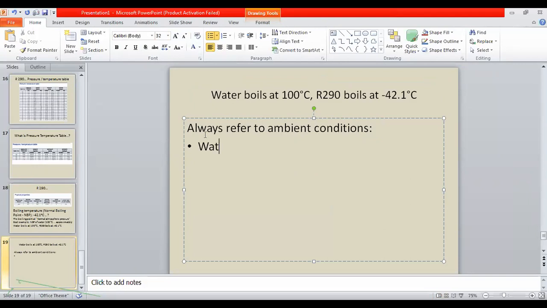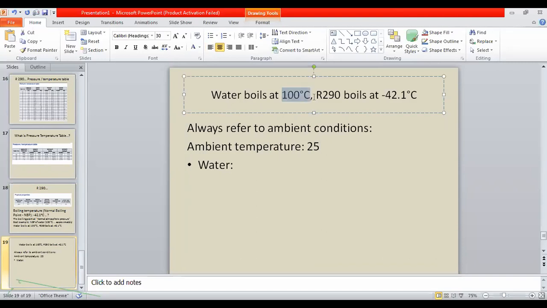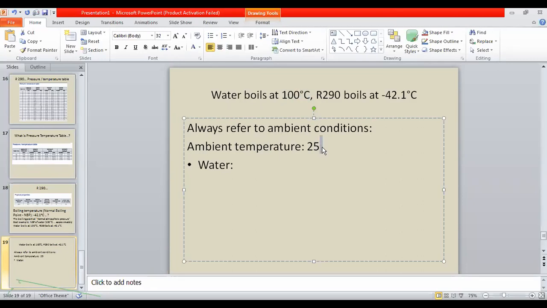Let's say ambient condition. Ambient temperature, let's say 25 degrees Celsius.